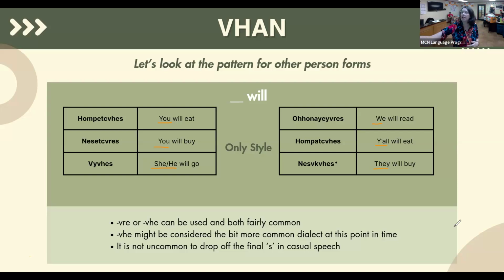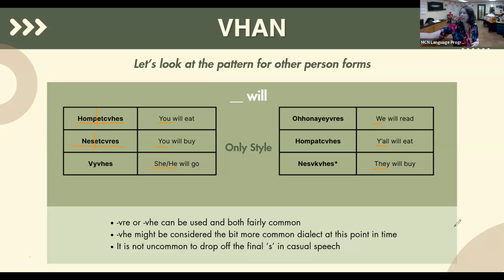So hombikjahis, nisitjahis, right? So if we know our verb is hombida, and our piece is homb, and nisida is nis, we can see what the pattern is for you will.